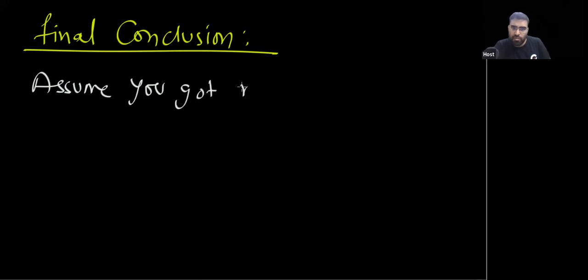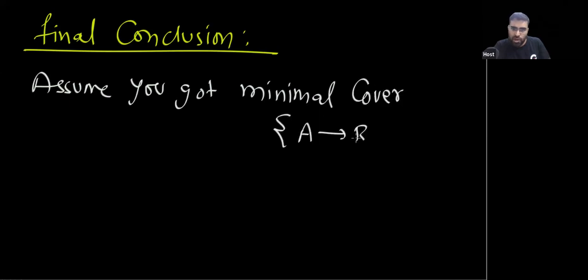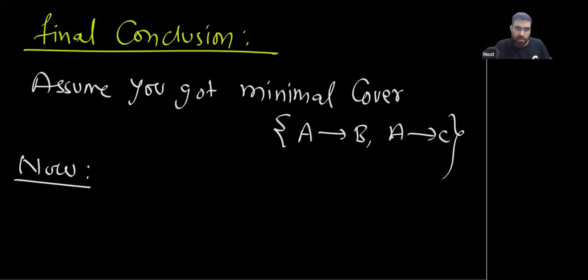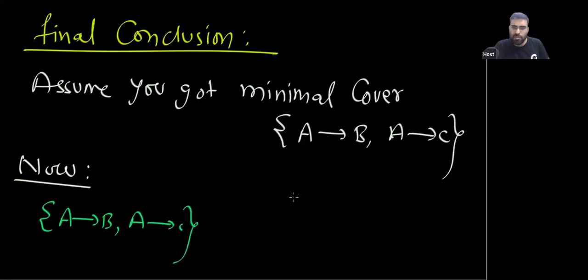The final conclusion is this: assume that when you are solving the question, you got this minimal cover. Now, remember, if you write it as it is, this is also a minimal cover.